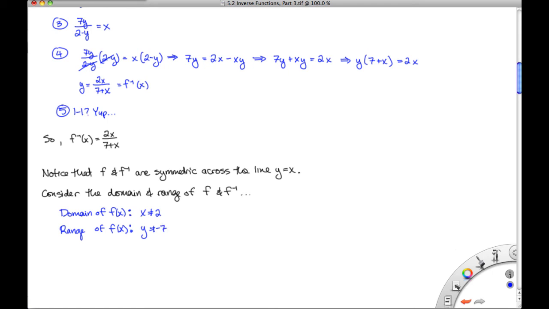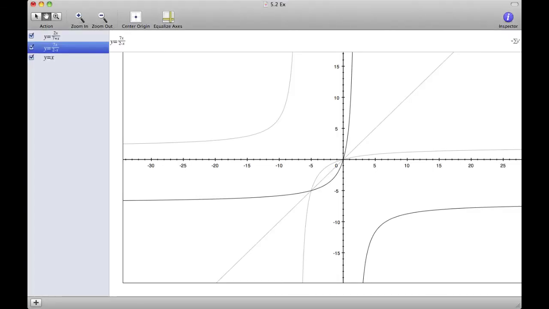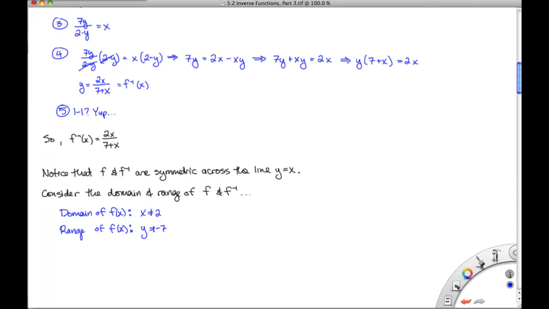We could look at this by bringing up our graphs again. This is the slightly darker one. We see that there's a horizontal asymptote here at negative 7. That's a y value that's never attained by this function. So the range is everything else other than that. If we then look at the domain and range of f inverse, well, for f inverse we've got a denominator of 7 plus x.